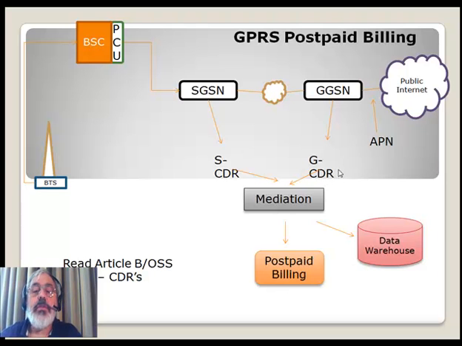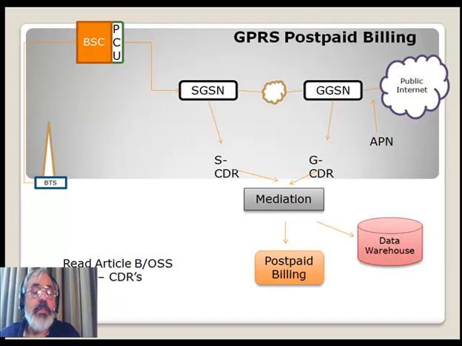These are CDRs pretty similar to those created by circuit switches, only this time they contain data information. They are sent to the mediation system, where they're then combined and put together into single CDRs and then forwarded to the postpaid billing system. And many of you will also forward them to the data warehouse for communication and for analysis.